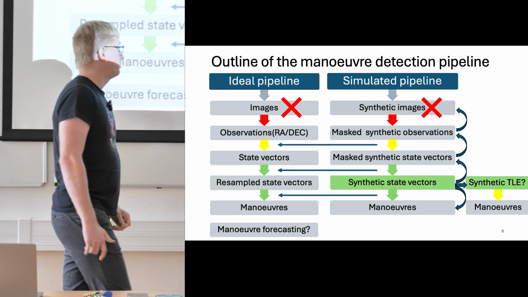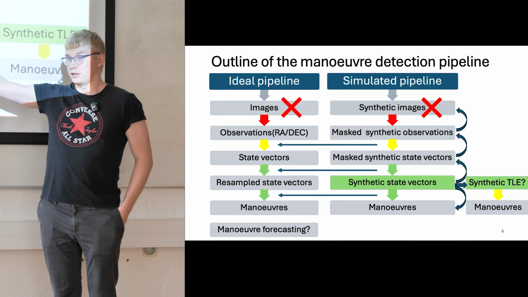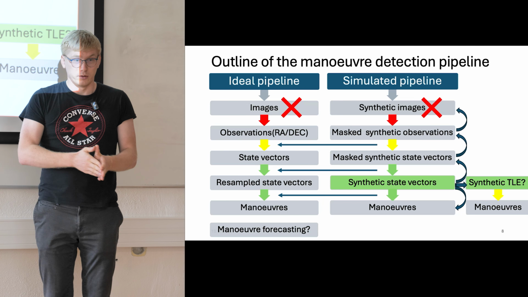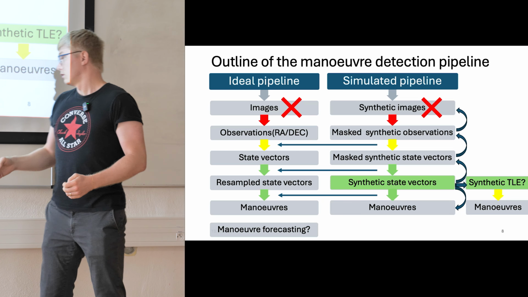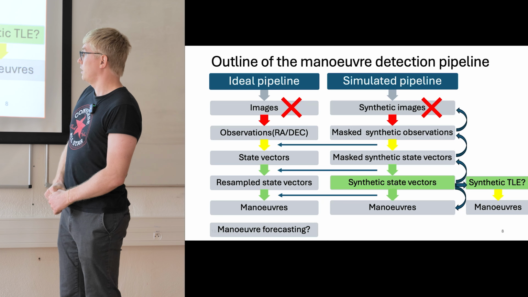So our synthetic pipeline starts with resampled state vectors. We simulate those. We have a time series of state vectors that describe the position, or the state, of the satellite.